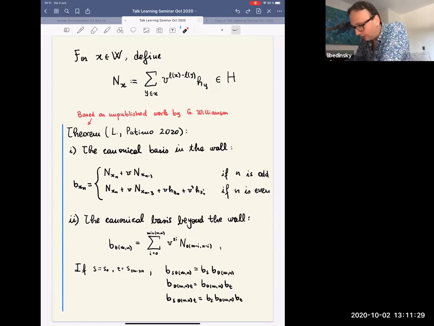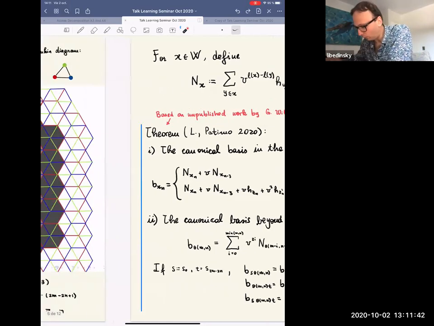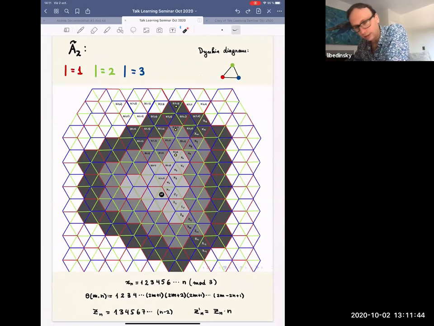And so we have the theorem, based on an unpublished work by Geordie Williamson this year, that says that the canonical basis in the wall, so the wall will be this, and the thetas will be this.